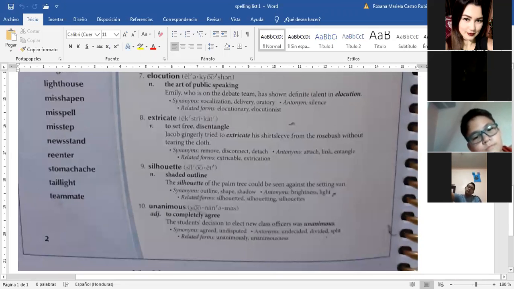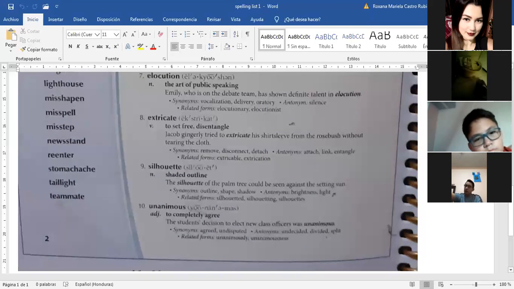What part of speech is it? Adjective. It's an adjective, exactly. How do you know that it's an adjective? Because it describes a noun. The adjectives describe nouns. And it says, to completely agree. The students' decision to elect new class officers was unanimous. Unanimous, how will you translate it? Kenneth? Unanimous. Unánime. Exactly, unánime.